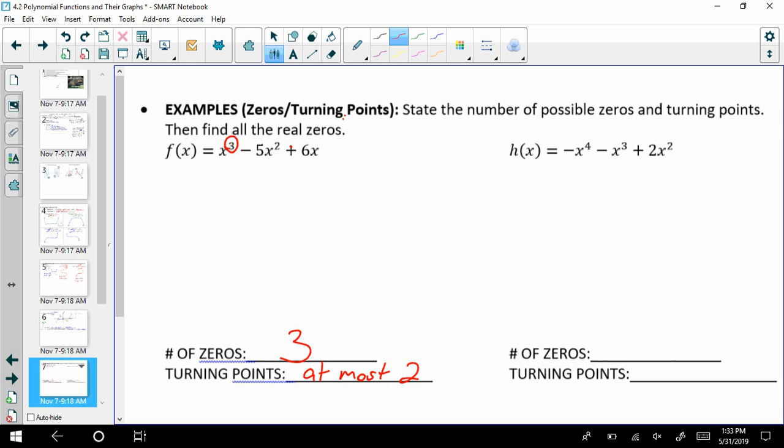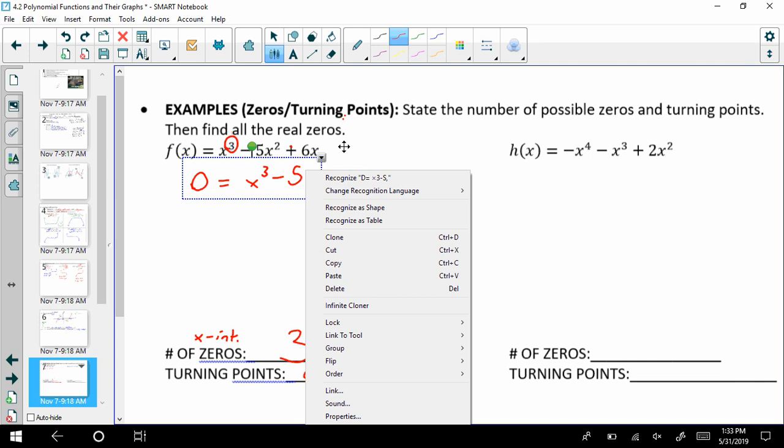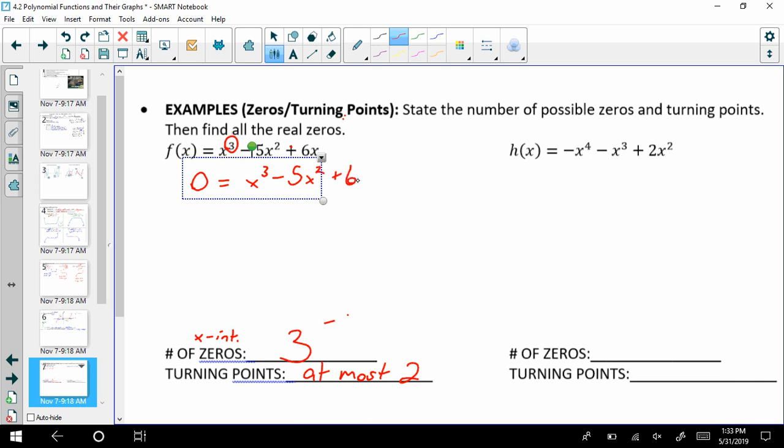And now it actually wants me to find these 3 answers. So to find the zeros, and remember that's like the x-intercepts, we're going to put 0 in for y, and we're going to solve for x. So the question is, how do we solve this? Well, we're going to have to factor it, but before we factor, you should notice they have something in common.